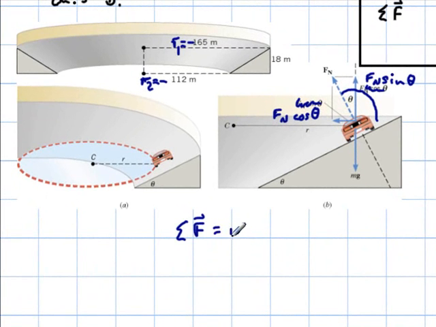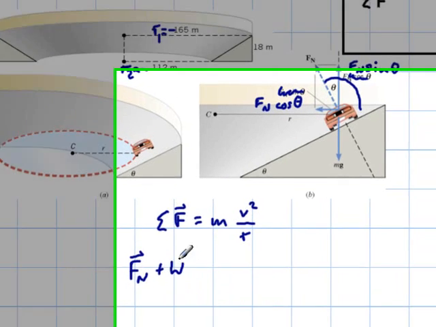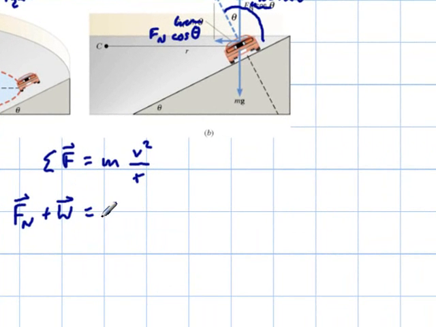Sum of the forces equals mass times acceleration, which of course is a centripetal acceleration, velocity squared over r. Remember that r here itself is negative. And the sum of the forces here, when you look at this diagram, is also going to come out negative. So let's write down the forces. The normal force and the weight are the only two forces, equals mass times velocity squared over r.